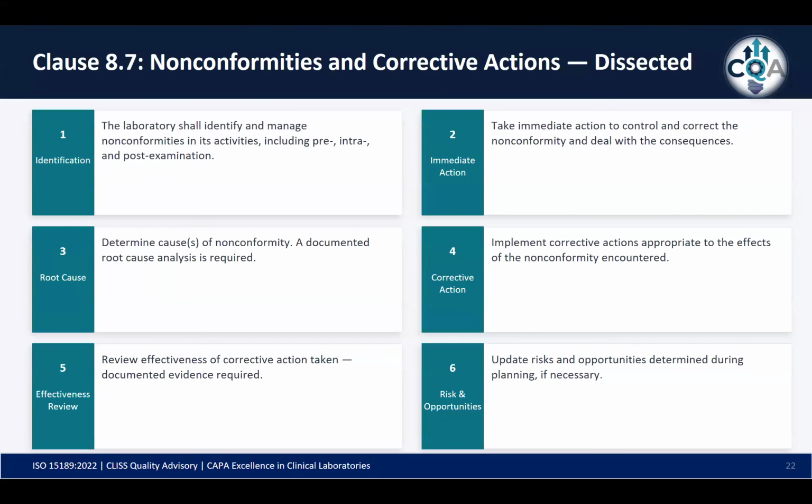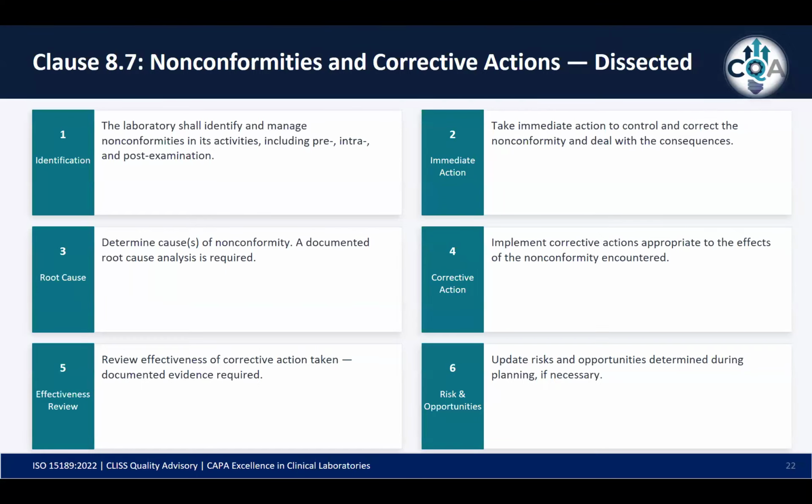How did you arrive at the conclusion that indeed this corrective action was effective? And then you close it. And then last, you are expected to update the risk and opportunities for improvement register so that you plan for activities going forward. So that's 8.7 dissected from step number 1 up to step number 6.